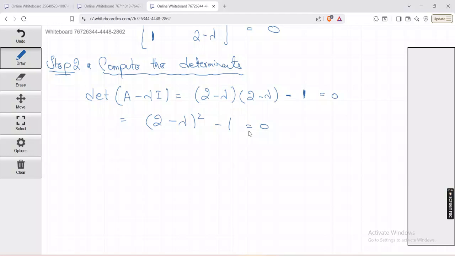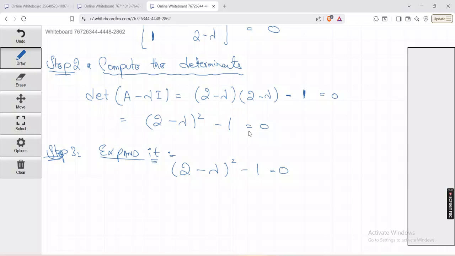Now we will move to the third step. I mean, we have to expand this, we have to simplify it more. Expand. We have to expand this equation. So once we expand, we can write here 2 minus lambda square minus 1 is equal to 0.